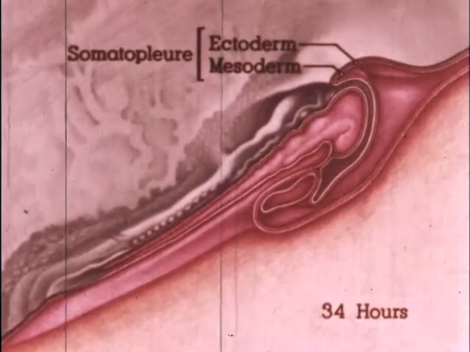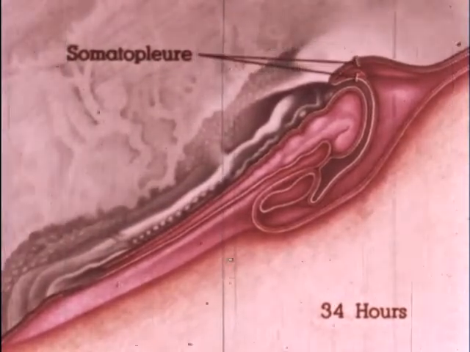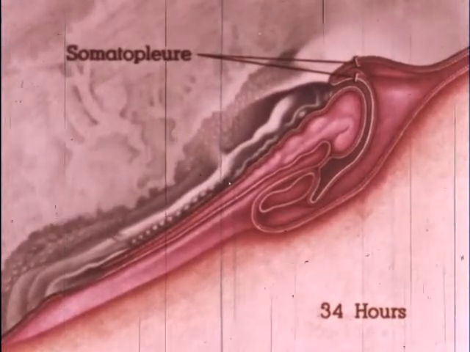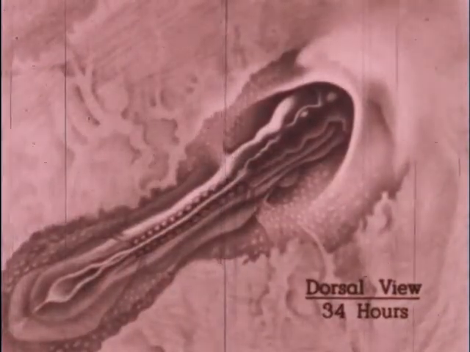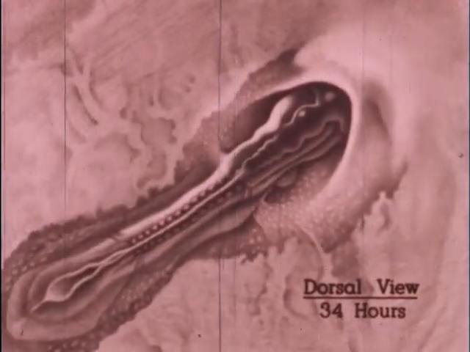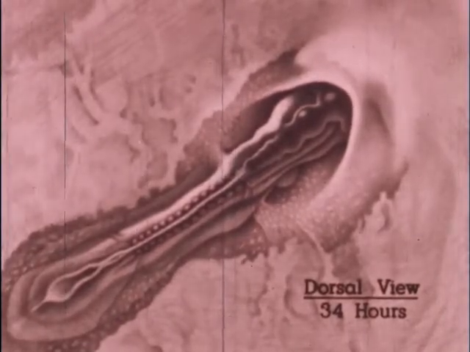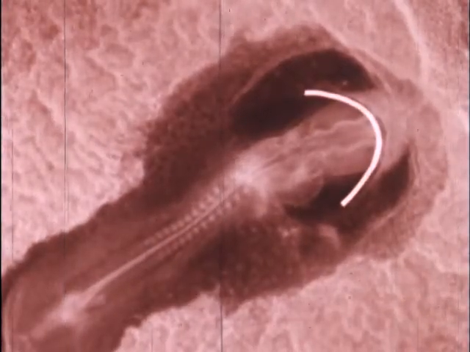Thus, the amniotic fold consists of 2 layers of somatopleure. The amniotic fold grows rearward, and concurrently, the embryonic head grows forward beneath the amniotic fold, so that the head becomes encased in a double hood.